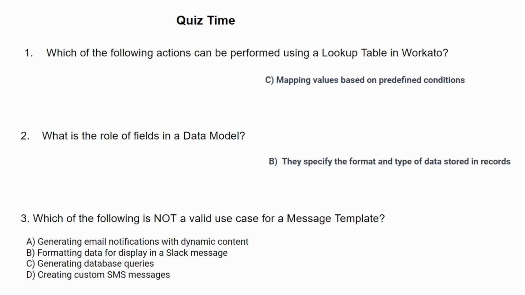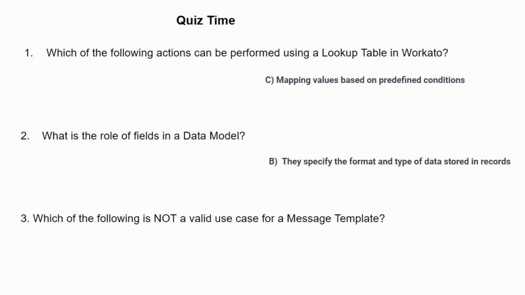So I think we saw already what is the use of message template, how it is used in recipes, and how the format will be. We use it as an HTML template, but we can use JSON, XML, as well as normal message like sentences. Okay, I think everyone answered this. So answer is generating database queries. So hence we cannot use database queries as a template in the recipes.